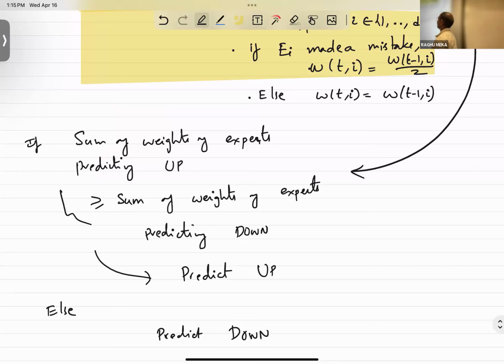So predict according to weighted majority just means look at all the experts' predictions. Add up the weights of those who predicted up. If that is more than those who predicted down, just go with up. Otherwise, you say down. Okay?